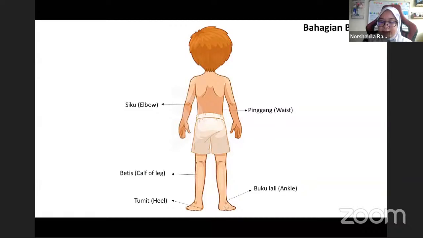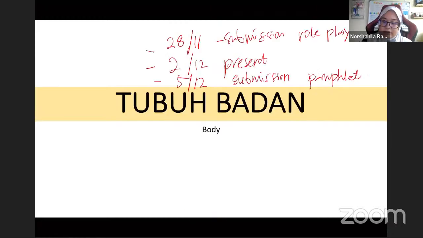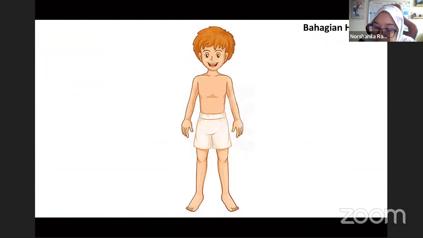For example, they give you X, Y, Z. Can anyone label it?